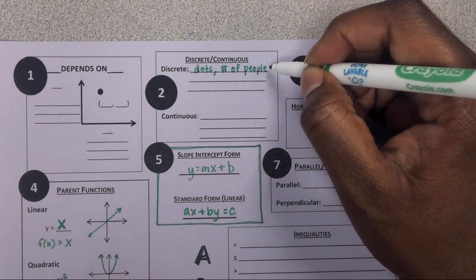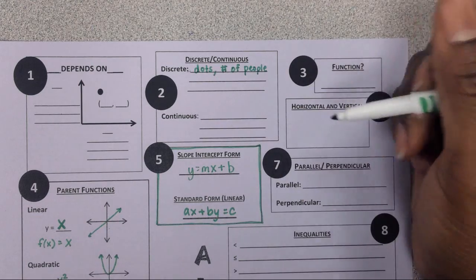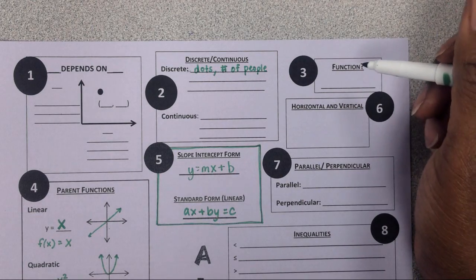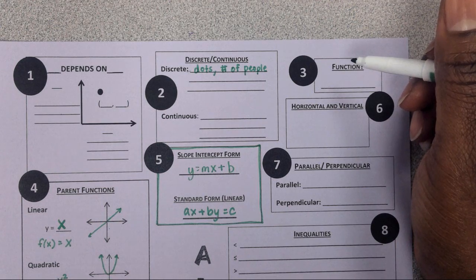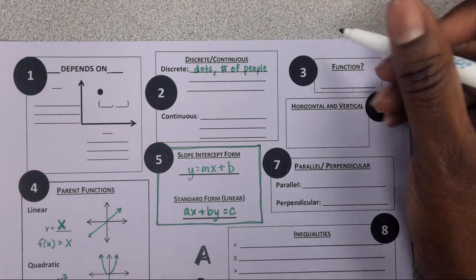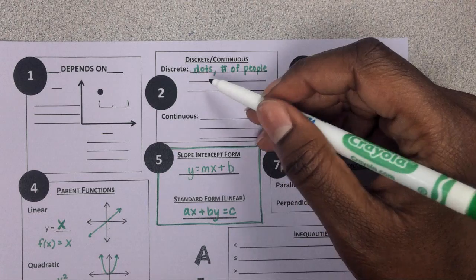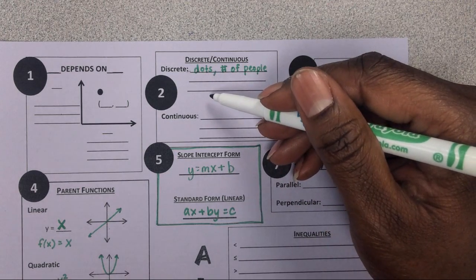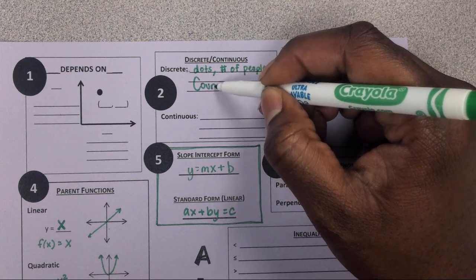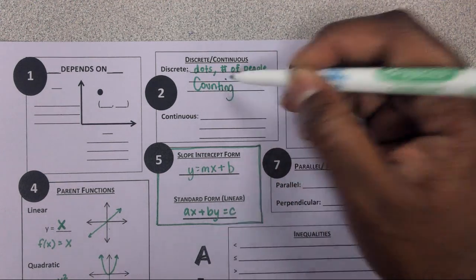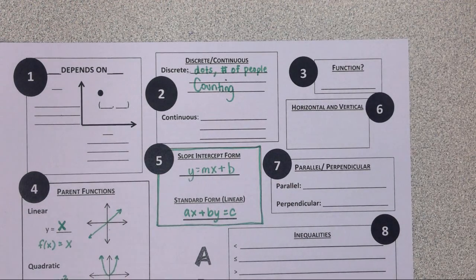Can you please explain why the number of people would be discrete? You cannot have half of a person. For discrete, would you be measuring something or counting? Counting. That's how you really know if it's discrete, if you have to count it out. If I told you to figure out how many cars are in the parking lot, you would go count them. You would not measure how many cars are out there.